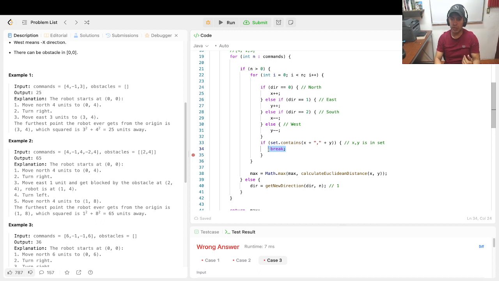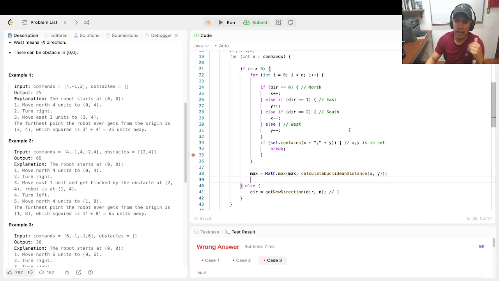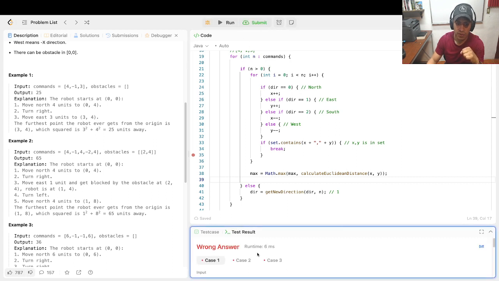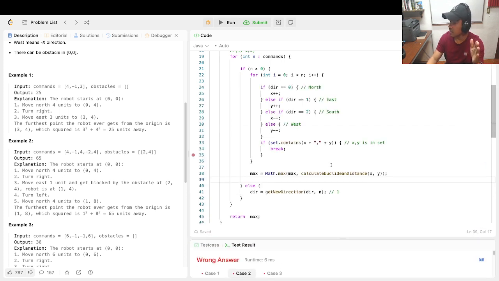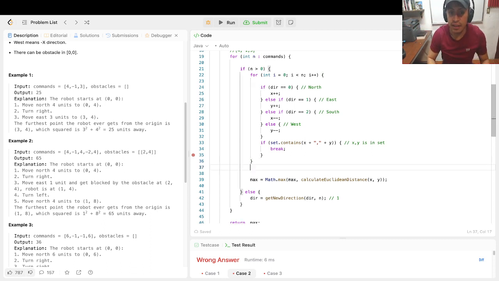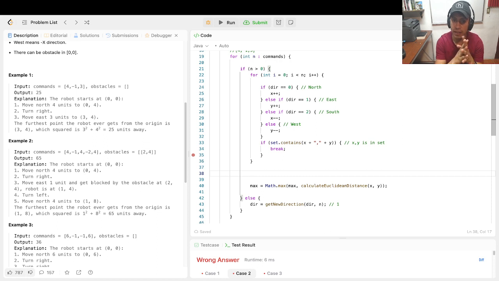Okay, you should return only this. But I think that is the same because here is the same because you reach this obstacle. Yeah, in this I think that you need to validate.